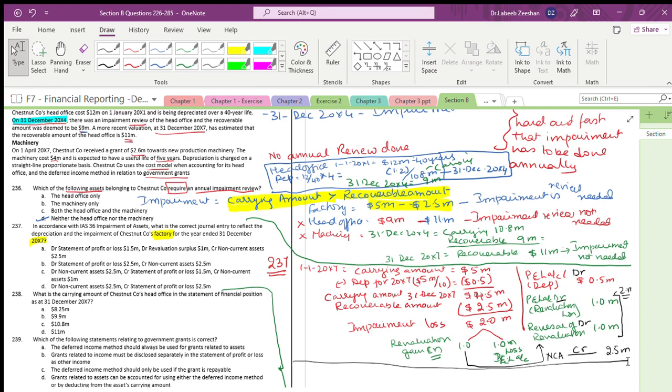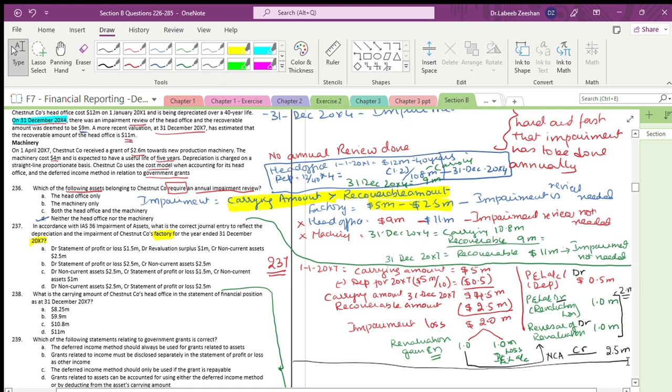Now, how much is the carrying amount after depreciation? 4.5 million. Recoverable amount is 2.5. Carrying amount is more, recoverable amount is less. It is an impairment loss.